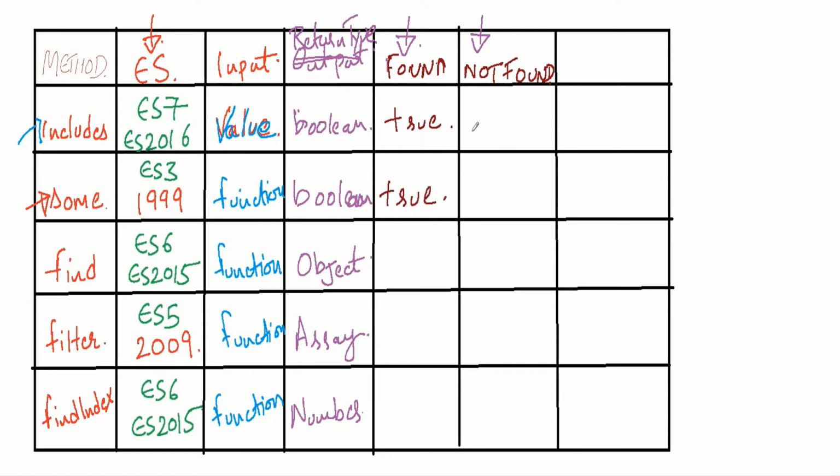If the value is not found, it will return false. Some will also return false because the return type is Boolean. Find would return the object or the value. So this would return the actual value that we are looking for. And if the value is not found, it would return undefined.